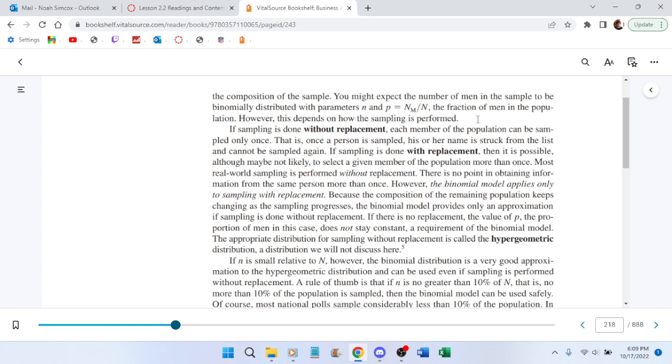Once a person is sampled, you cannot sample it again. If it's done with replacement, then you may select a given member of the population more than once. Most real-world sampling is performed without replacement. The binomial model applies only to sampling with replacement.